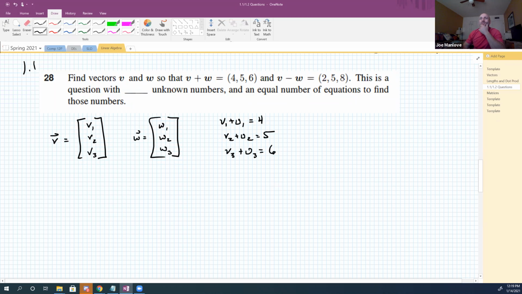And then I've got another equation I could write down. I know that v1 minus w1 is 2, and v2 minus w2 is 5, and v3 minus w3 is 8. And I could proceed to solve this.